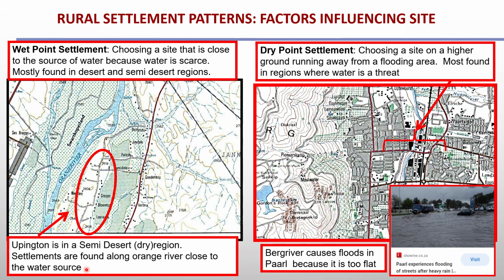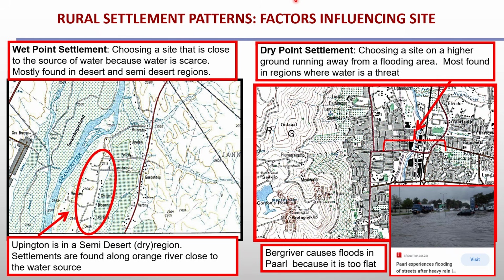The key here is that a dry area will have a point where there's water, and if we have a settlement close to it, it's a wet point settlement. You can see settlements all over close to the water source because Upington is a semi-desert, a dry area. We have a non-perennial river here, but we have the Orange River, and these people choose to settle closer to it. So this is a wet point settlement.